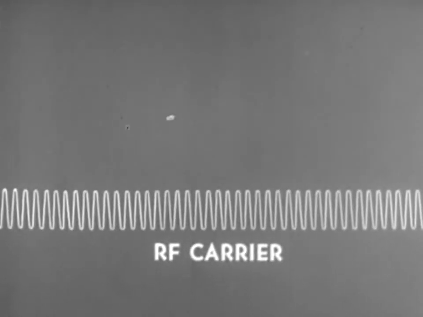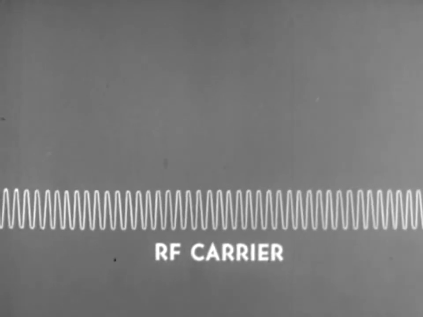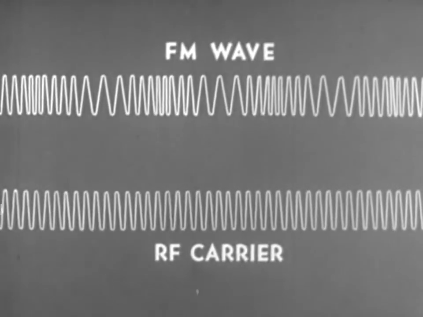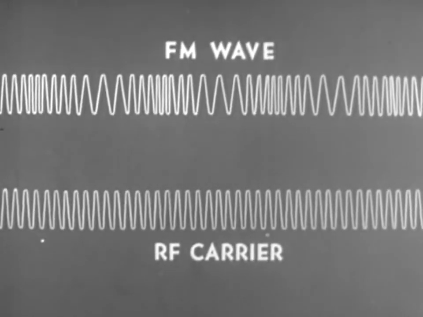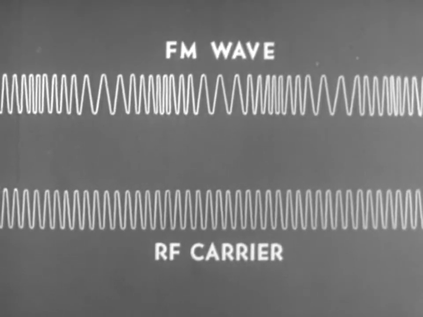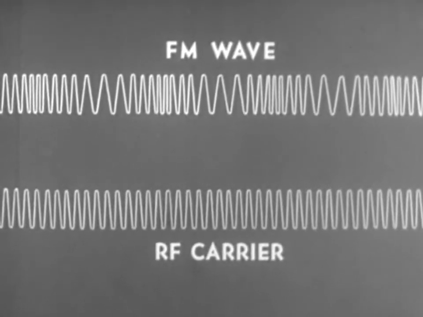Interference does not affect the frequency of the RF carrier wave. Therefore, when intelligence causes the frequency of the carrier to change, the problem of hash and static is automatically eliminated. In frequency modulation, the frequency of the carrier is modulated, as evidenced by the uneven spacing of the waves, rather than the amplitude.